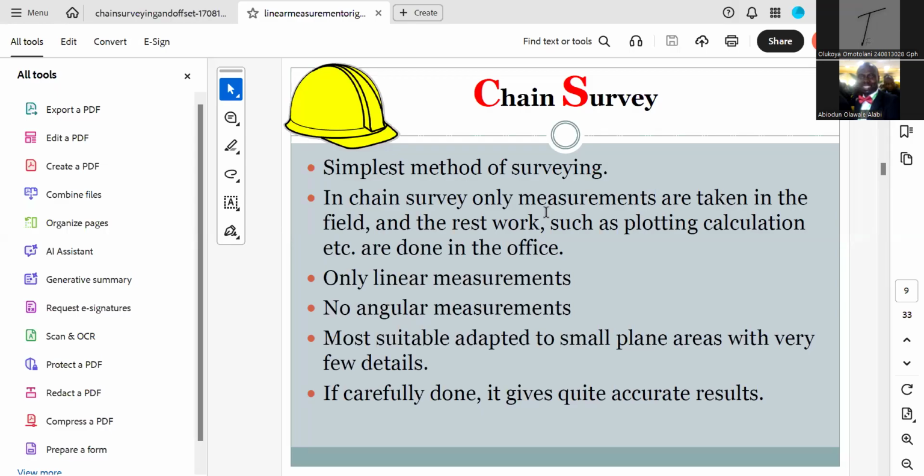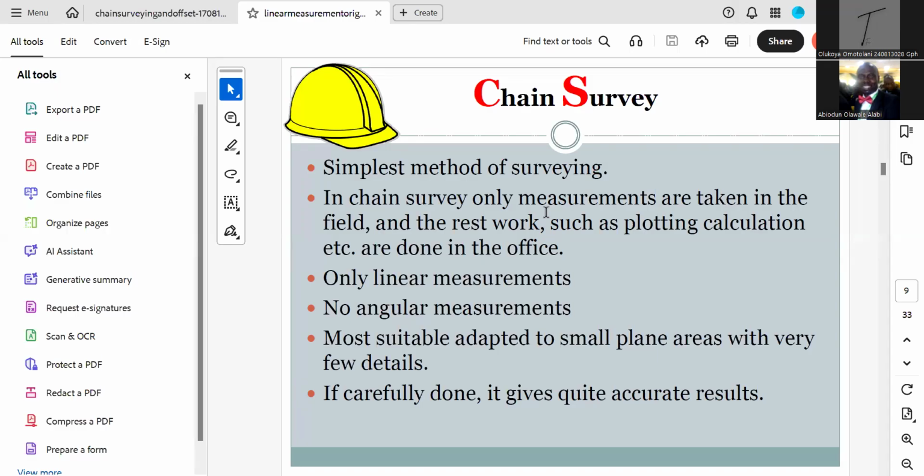Now, chain surveying, as you can see on the screen, is also the simplest method of surveying. In chain survey, only measurements are taken in the field, and the rest of the work, such as plotting and calculation, are done in the office. So measurements are only done in the field or the site location. Other work will be done in the office.